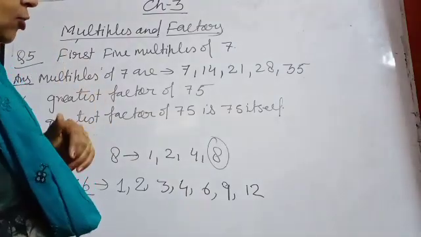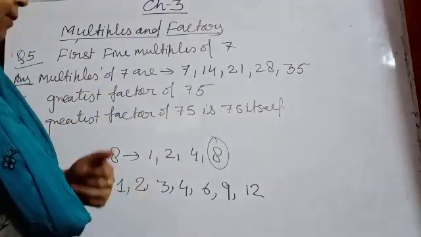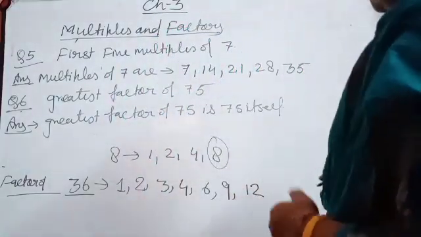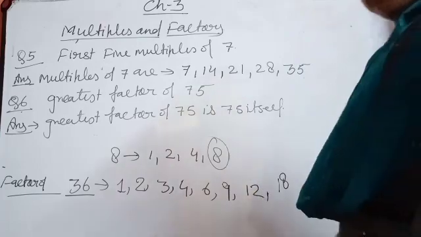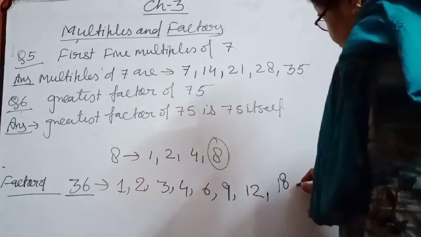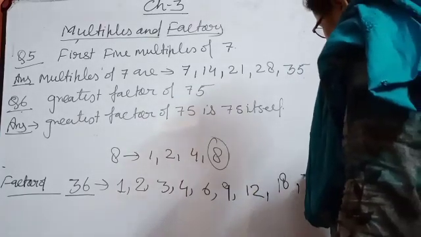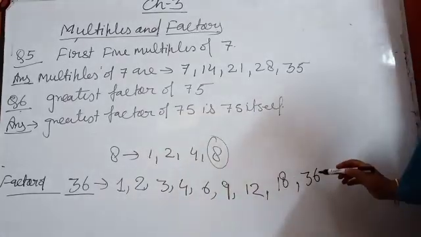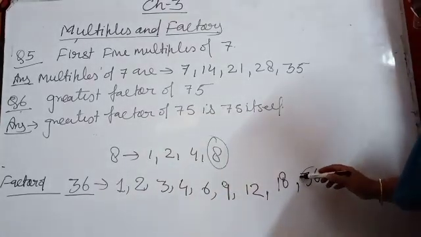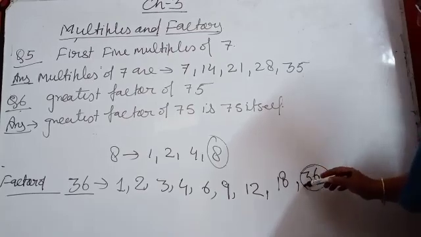Then the 14th table also 36 is not coming. In the 15th table also not coming. In the 16th and 17th tables also not coming. Then it comes in the 18 table, 18 twos are 36. Okay. Then after that it comes on its own table. So you can see that the greatest factor of 36 is 36 itself.